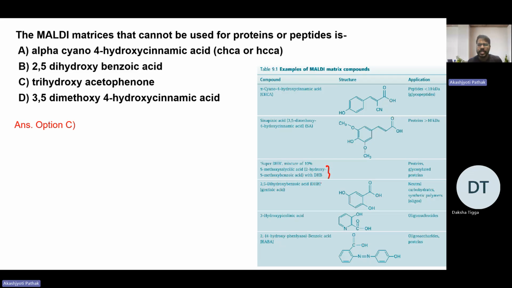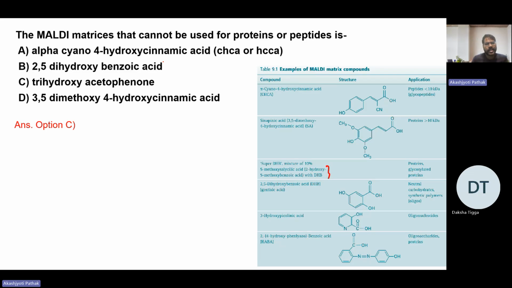Then you can use DHB for carbohydrates or synthetic polymers, neutral carbohydrates, oligos, or you can use hydroxypicolinic acid for oligonucleotides. Then you can use hydroxyphenylazo benzoic acid for oligosaccharides and proteins.